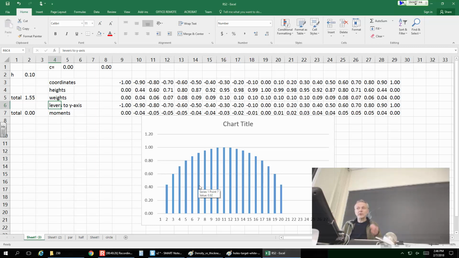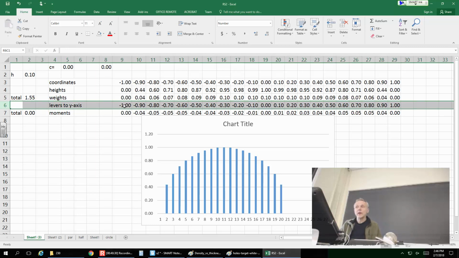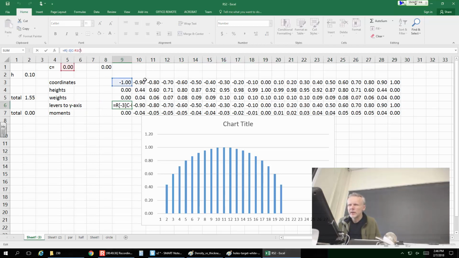Relative to the y-axis, it's the horizontal. That's the way we did. Relative to the y-axis, so this is what we did. And what were they? The formula is simply, as you can see, just the distance from that location to C. Let me put a different C here.